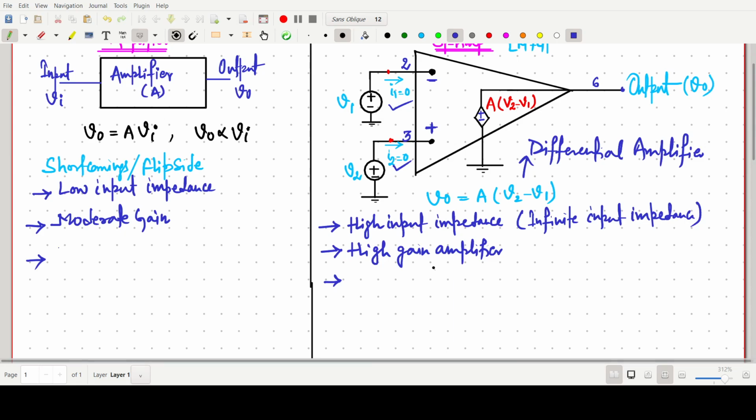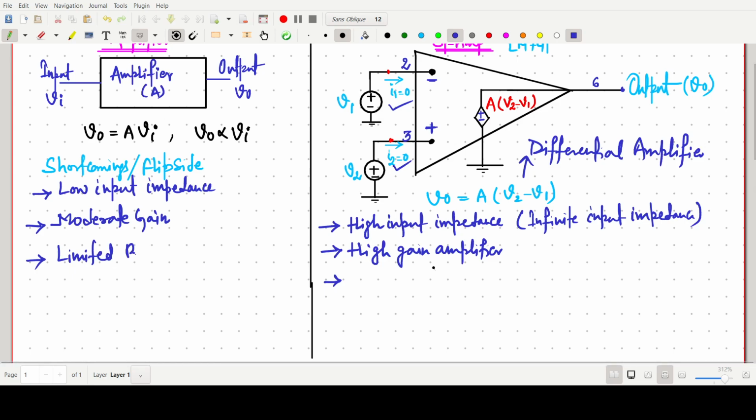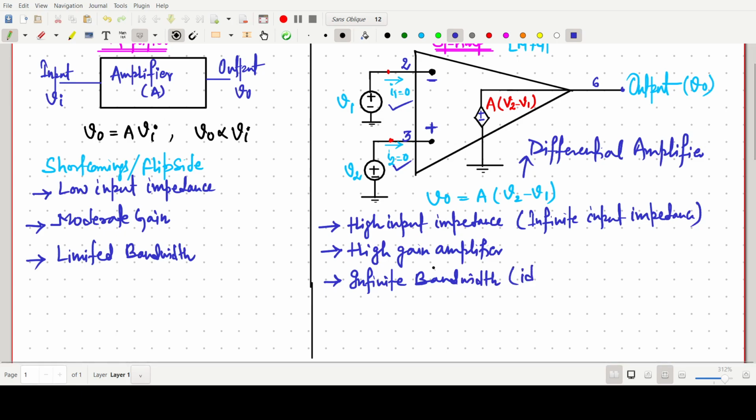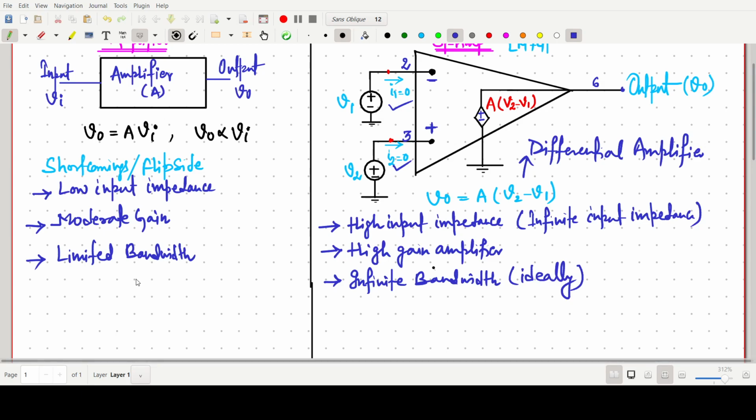Ideally it has infinite bandwidth, but in practice it has some limited bandwidth. So bandwidth will always be more in case of an op-amp. This is the third one.